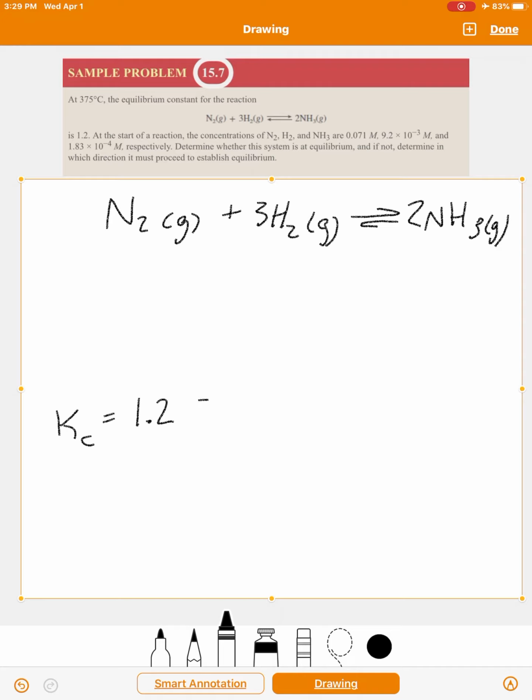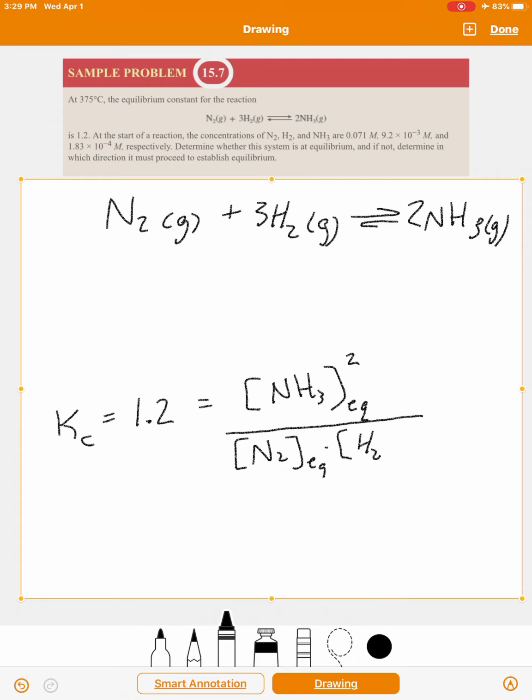And what is Kc? Kc is the concentration of the products, so ammonia at equilibrium squared, divided by the concentration of nitrogen at equilibrium times the concentration of hydrogen at equilibrium to the third power, right?